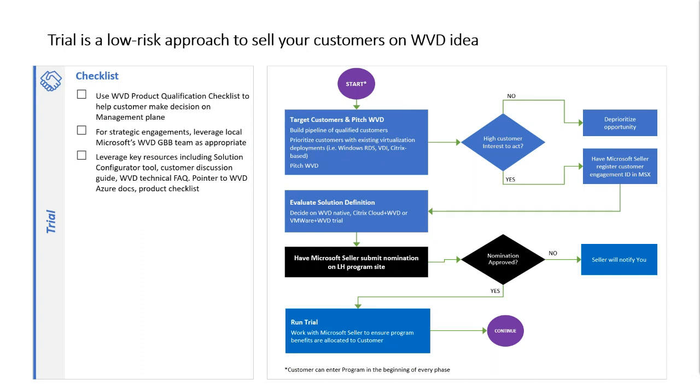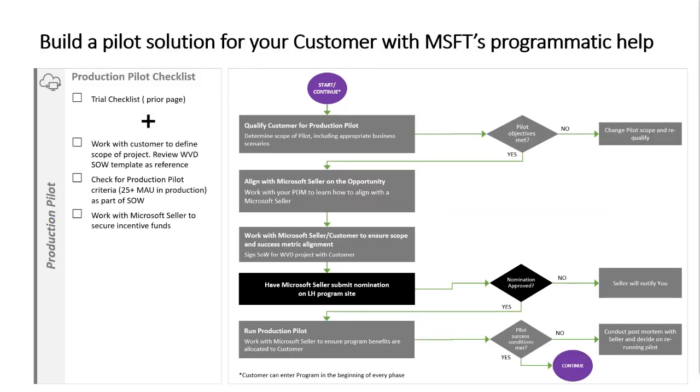If you want to get an idea of what WVD is about, to be honest, having a look at the technical documentation online is more than enough. You don't really need to go down this track. The information is already available online, and if you're a CSP partner, you can deploy a WVD solution onto a test tenant and test it all out already.